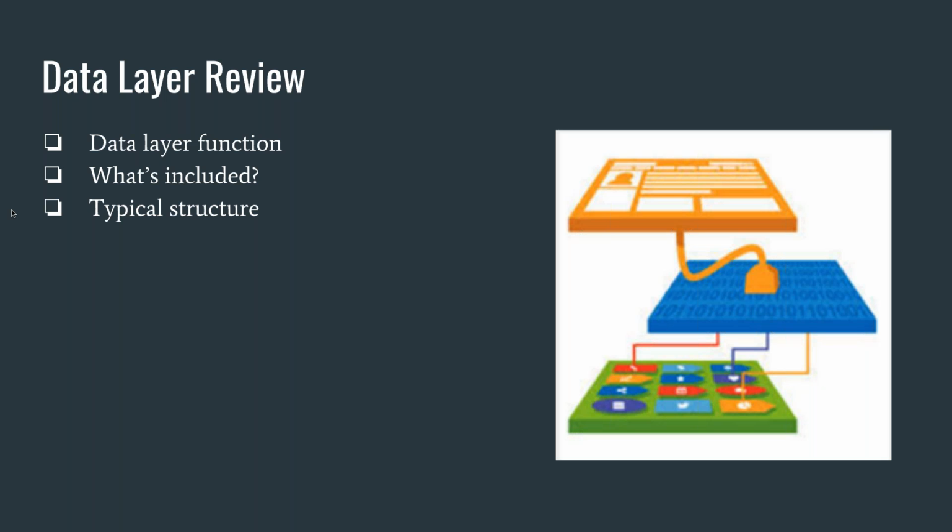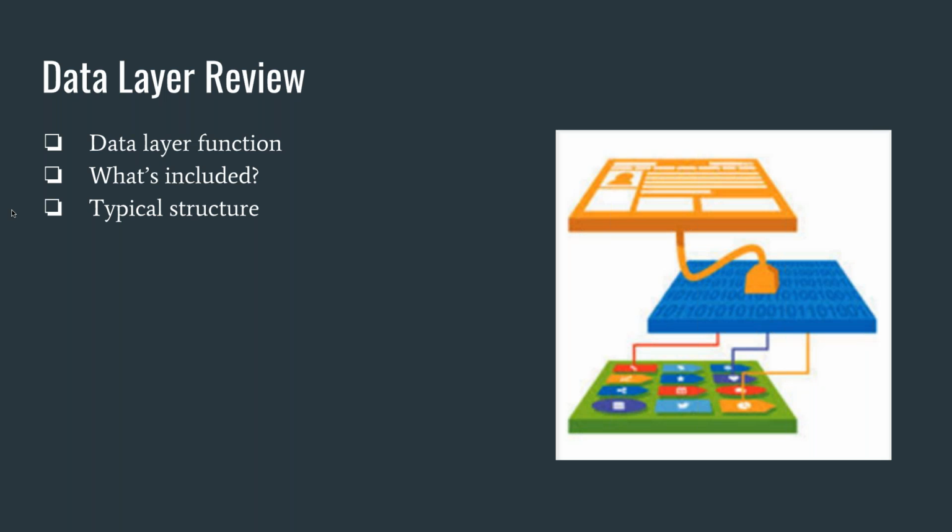It does a great job of showing how that data layer, which is that blue level that sits in between the front end of the website and the back end, so all the different tools that you're using and everything that's powering the website, plugs into both, and then acts as a layer of organized data in between. So that is what we're talking about. That is what we want to validate and test.